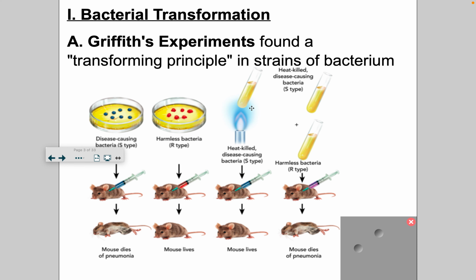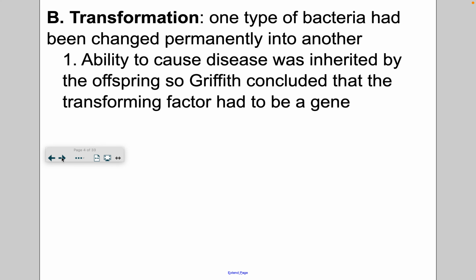Well, when these disease-causing bacteria were heat killed, everything was released: DNA, organelles, just cytoplasm. And somehow that harmless bacteria took up something from the disease-causing bacteria, and then transformed into disease-causing. So harmless converted into disease-causing. So the ability to cause disease was inherited by the offspring. So Griffith concluded that, hey, that transforming factor has to be a gene.